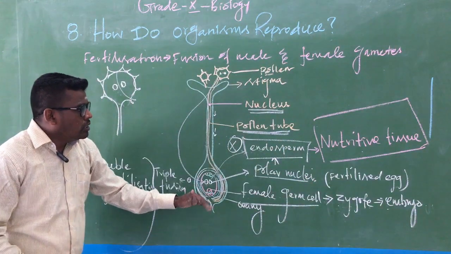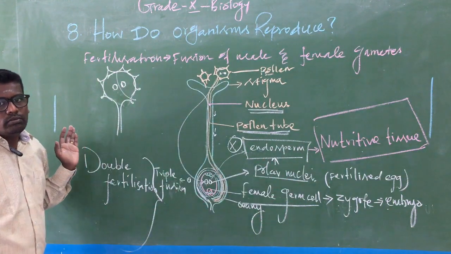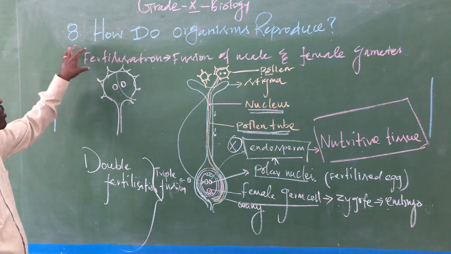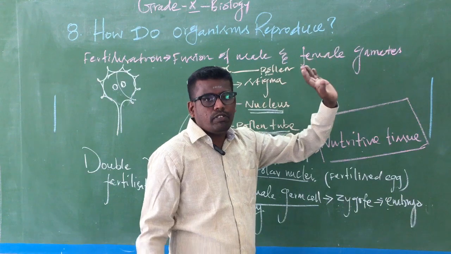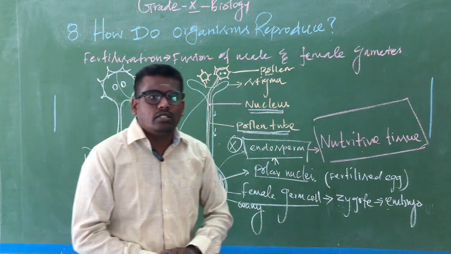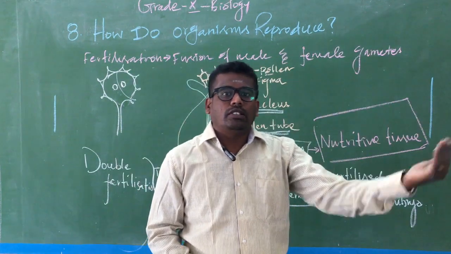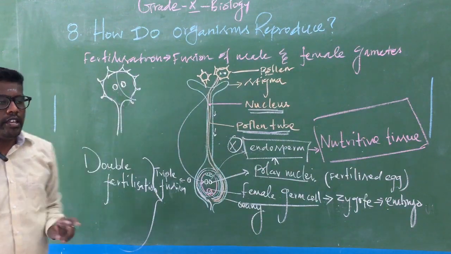So after pollination, this process will occur. Now we discussed fertilization. The fusion of male and female gametes is called fertilization. So after pollination, only fertilization occurs. Generally, in the pollen there are two nuclei.